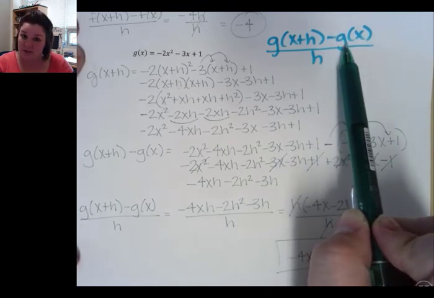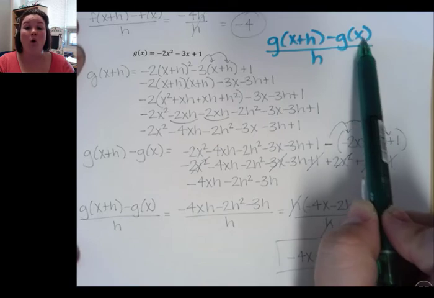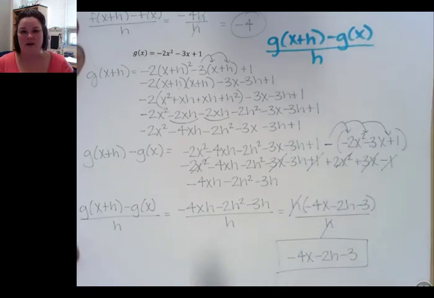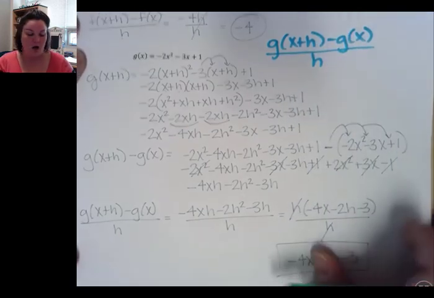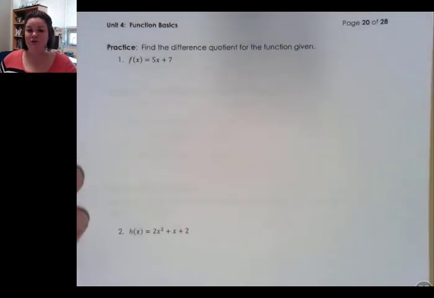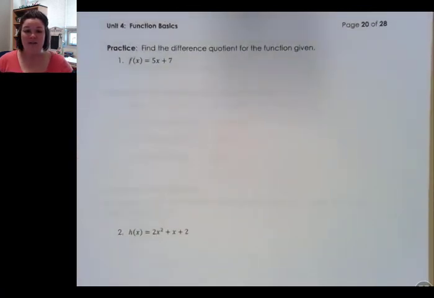Be sure to use parentheses. Then whatever that whole top part equals, then divide off your h. Okay, all right, so there are 2 for you to try on the next page. So go ahead and pause the video, work those out, and then whenever you're ready to check yourself or if you get stuck, go ahead and play the video and we'll see how you did.